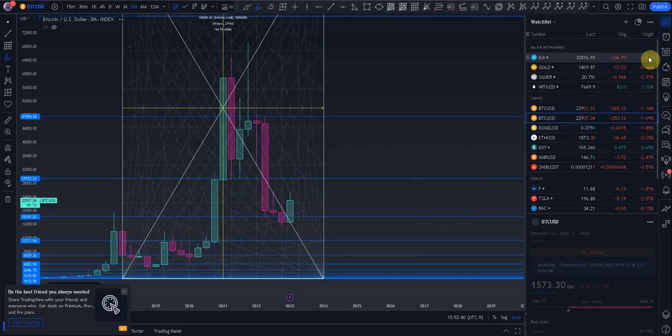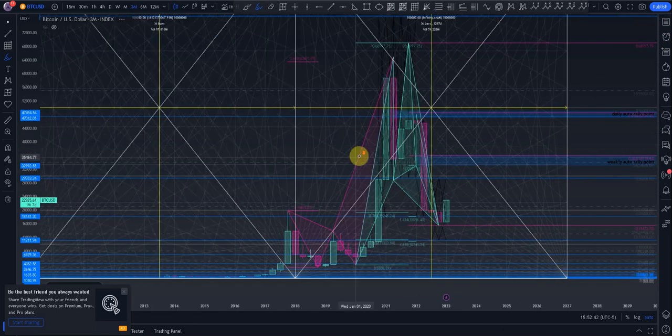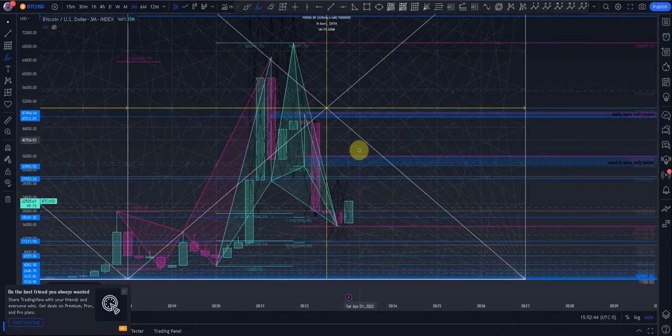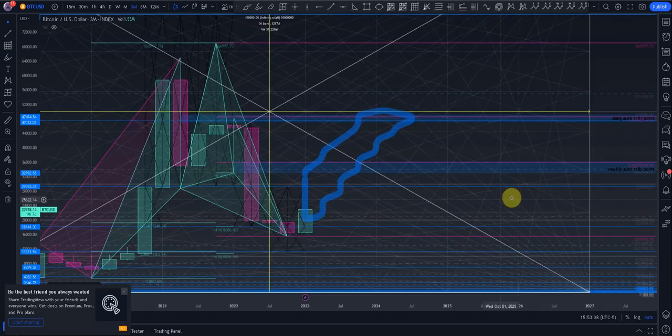But if we jump over to Bitcoin, a bit of a different story, where we've got a nice time cycle, and most markets follow Bitcoin. We've got a nice time cycle shaping up here, and that would indicate, okay, if this time cycle is going to hold and drive us long, I would expect this channel right here to come into play, which conveniently enough is in line with the rest of my work here, right?